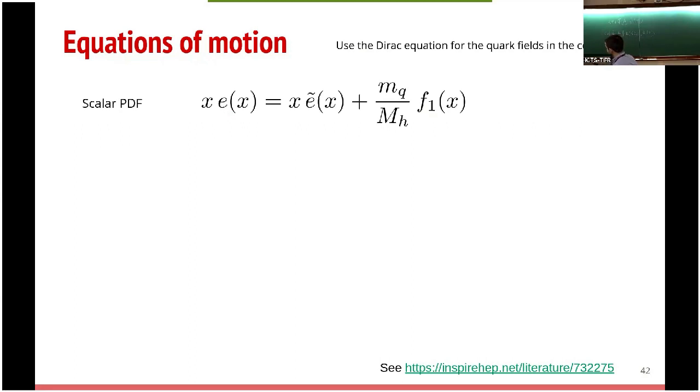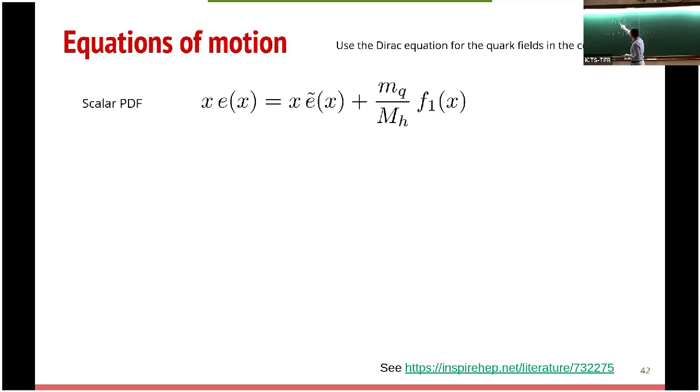So this reference here tells you what I told you now in a better way, okay? So the equations of motion allow you to connect a twist-3 fragmentation function like the scalar PDF, the e, with the same scalar PDF with a tilde, and the tilde means that it's a function that comes from this operator with an extra gluon here.